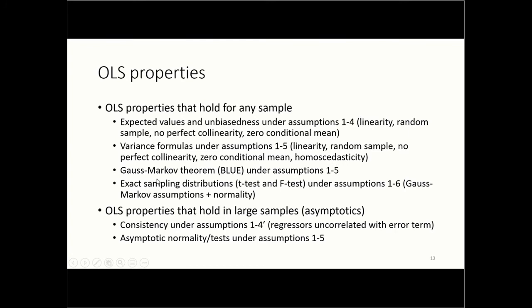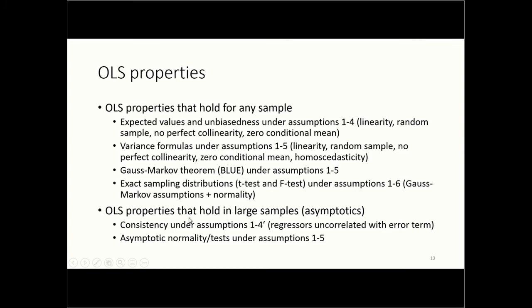Then we had the Gauss-Markov theorem, or BLUE, the best linear unbiased estimators, under assumptions 1 through 5. And we had the exact sampling distributions, which means we were able to use the t-tests and the F-tests under assumptions 1 through 6, which are the Gauss-Markov assumptions plus normality.